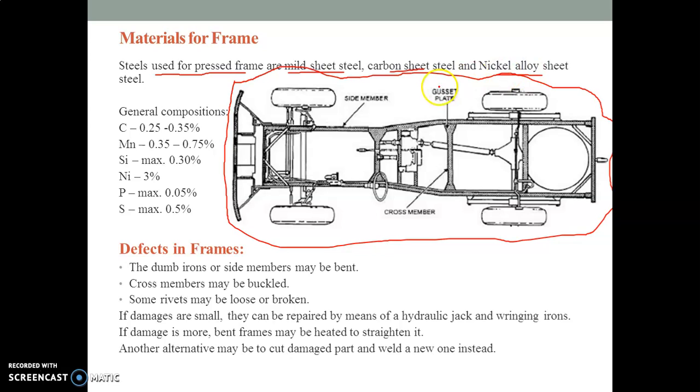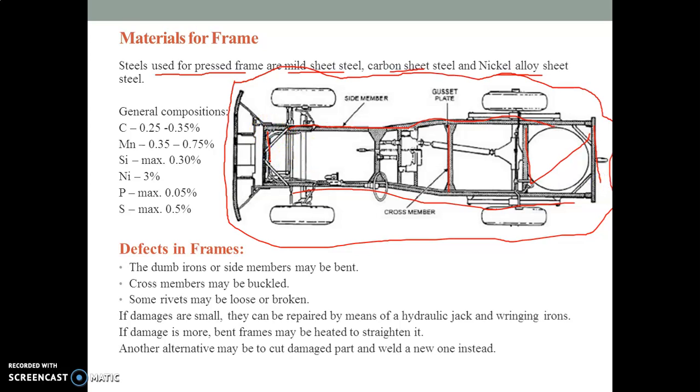So generally, a simplified diagram that is representing the frame shows the longitudinal members, all these in one axis. These are the longitudinal members, and these are the cross members which are connected with the longitudinal members. These are the cross ones.